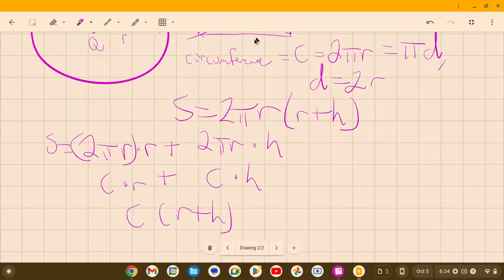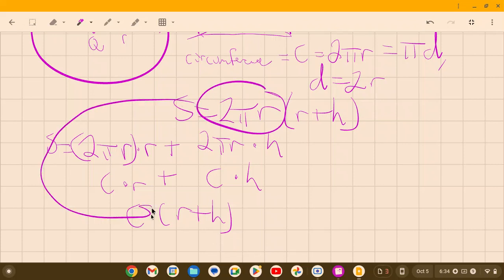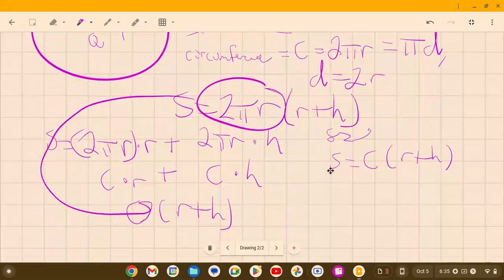Or I could have just done that replacement right here: S equals C times (r plus h). So it's the circumference of the circle times the radius plus the height.